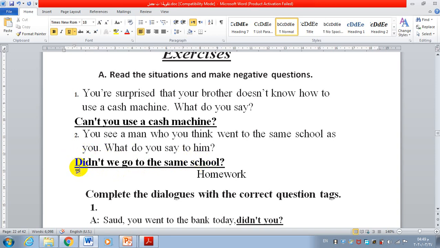But why do we use didn't and not don't or doesn't? Because the sentence here is in the past, as you see, the verb went. So the negative question must be like this: didn't we go to the same school? Here we expect the listener to agree with us.